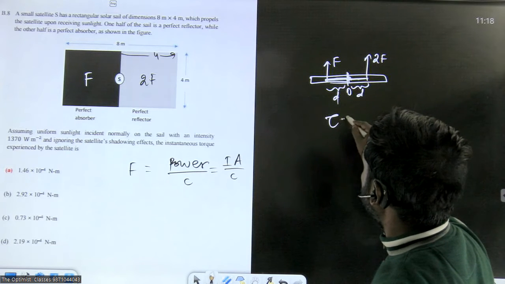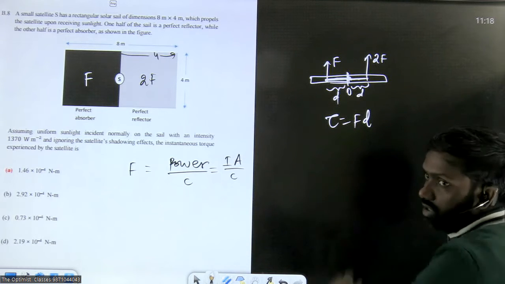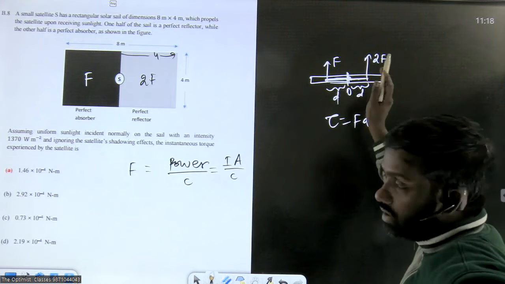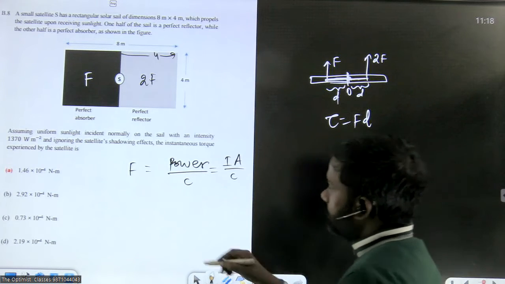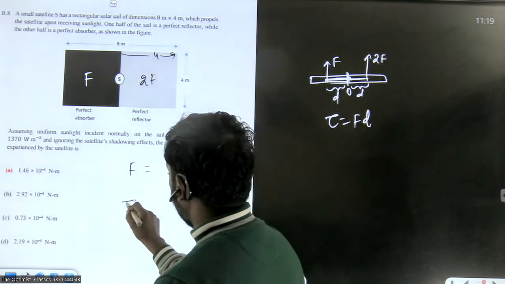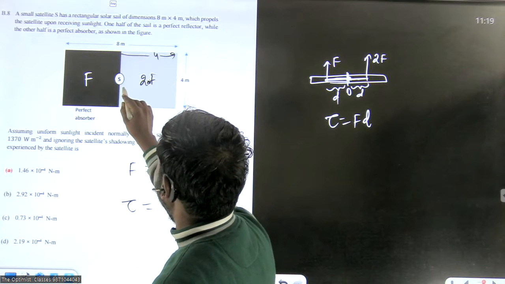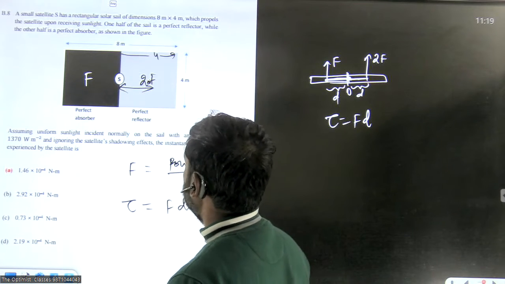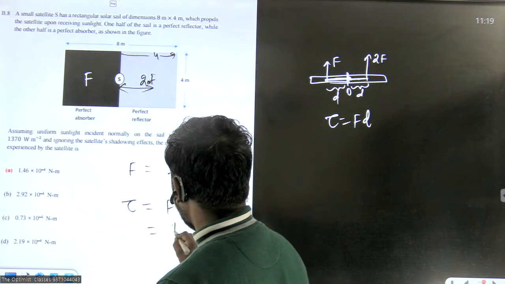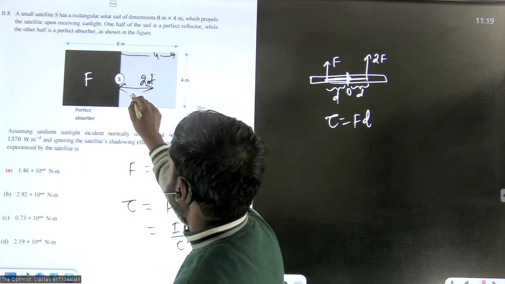Then the torque will be only f into d, because the torques have opposite signs, so there will be a subtraction. So in this situation, torque is equal to force into distance. Effectively the force acts at the center, so the distance is this much only. So let us write IA divided by c, times the distance d.